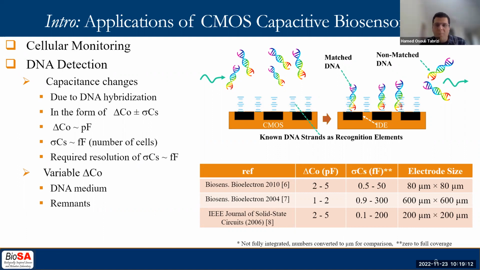Hybridization of the 2 complementary strands can change the capacitance as a target for measurement. Offset capacitance also exists here, due to parasitic capacitances, as well as medium and remnants. The offset and target capacitances of different publications are shown in this slide.